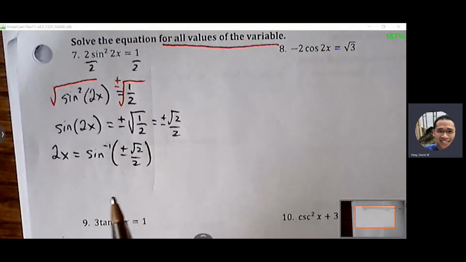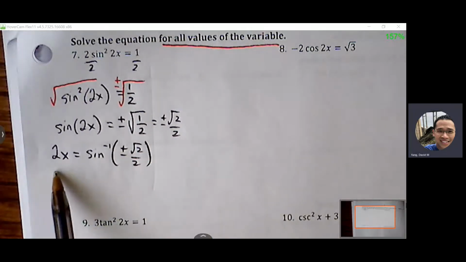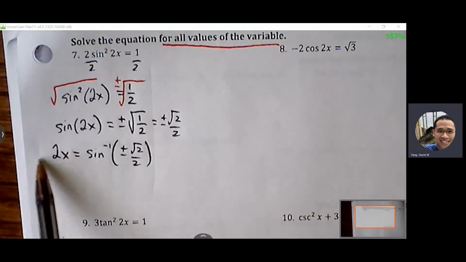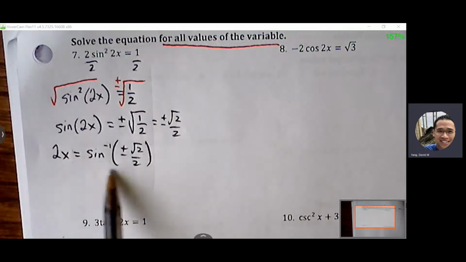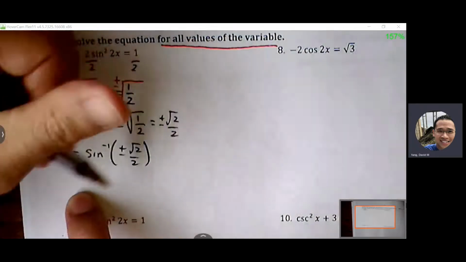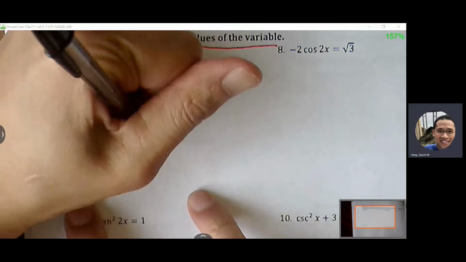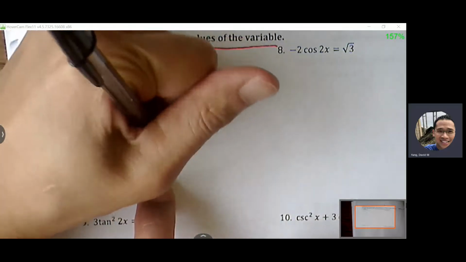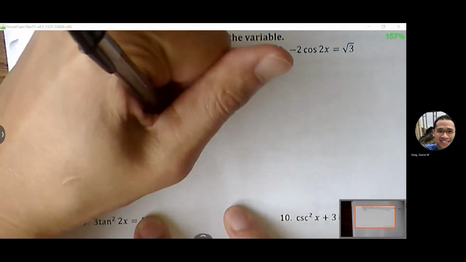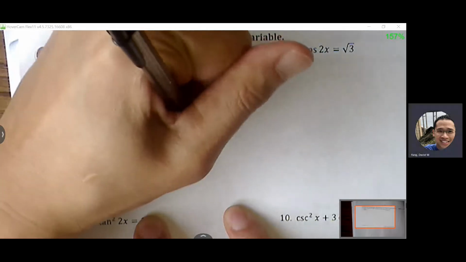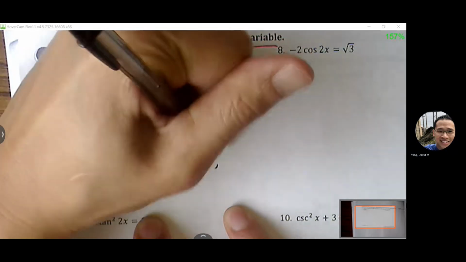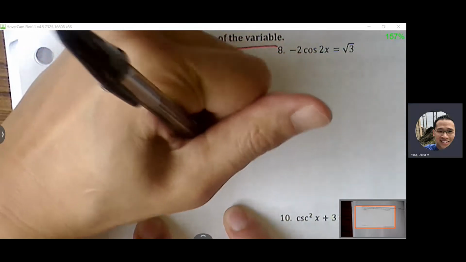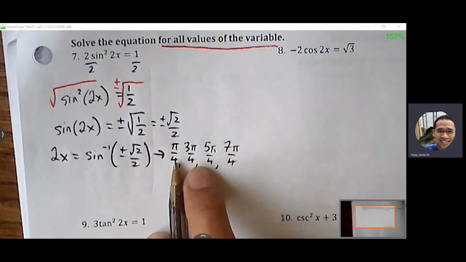So we may have to add quite a few terms, because we've got to divide by 2. So let's see if we can list them out. So pi over 4. I'm going to add 2 pi to each of these as well.